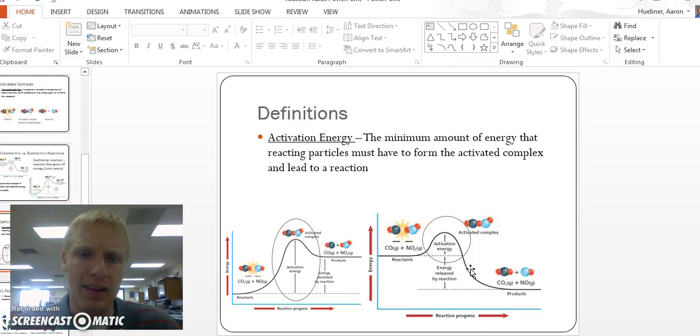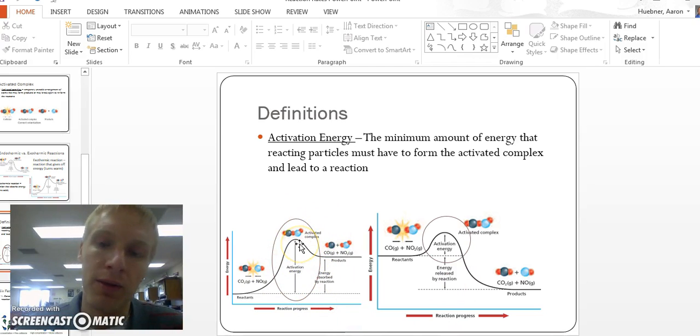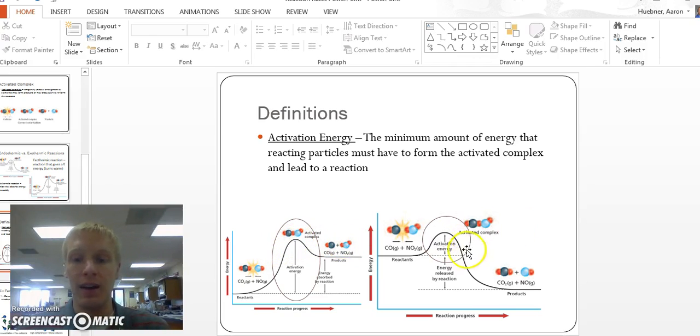All right, activation energy is the energy required for the reaction to occur. Most reactions will not occur just spontaneously. You need to input a little bit of energy, whether it be exothermic, like the reaction on the right, or endothermic, like the reaction on the left.